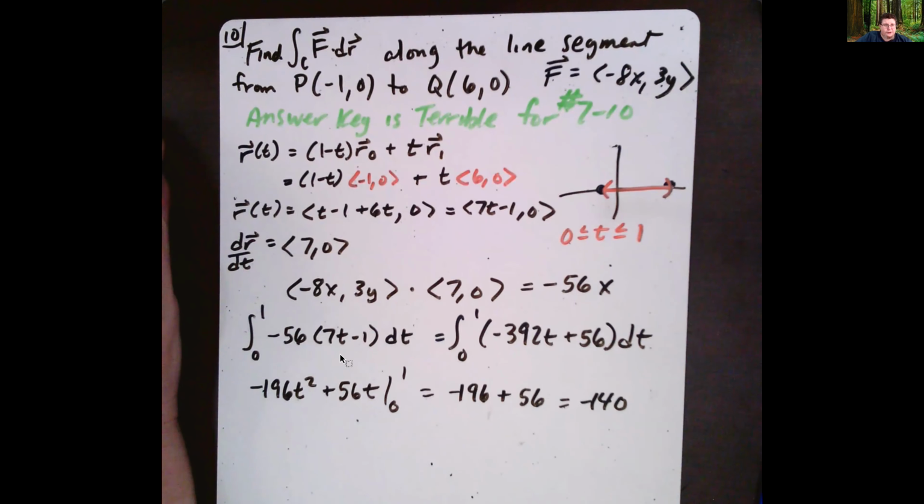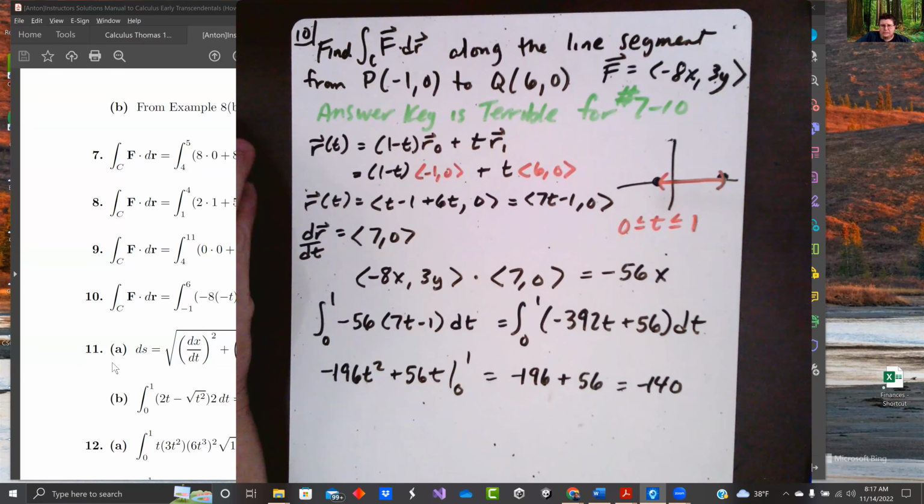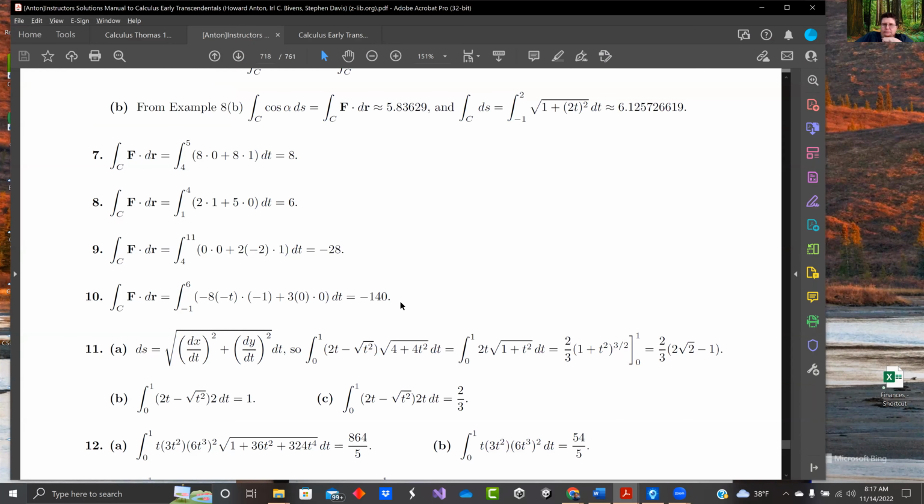Let me get the instructor solution up to that point. So the answer key gets negative 140 also, but they went from negative 1 to 6.